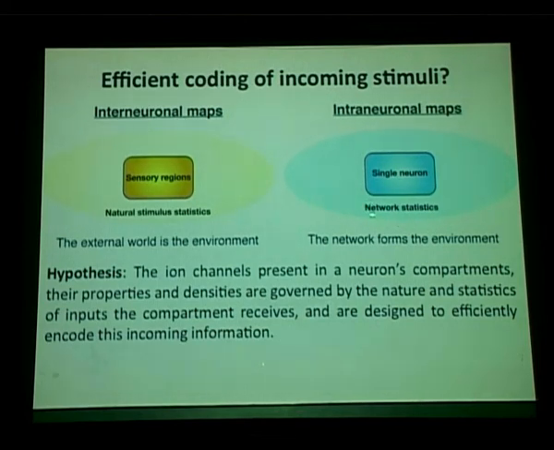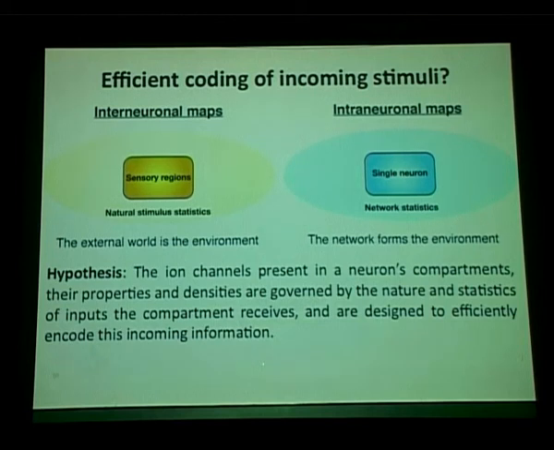So the kind of network statistics that are present at that specific neuron that you are seeing at that specific location, the single neuron is going to try to modulate its channel density in response to the kind of inputs that are coming at that specific location. It's not like a global thing. So because you can change ion channel densities locally at only one location, it is as though neurons are trying to encode this altered statistics that you see over here.